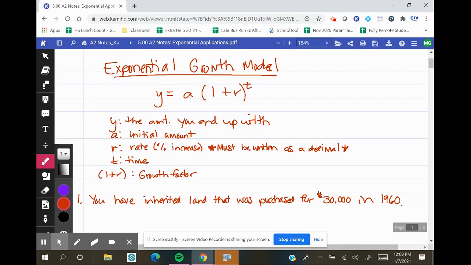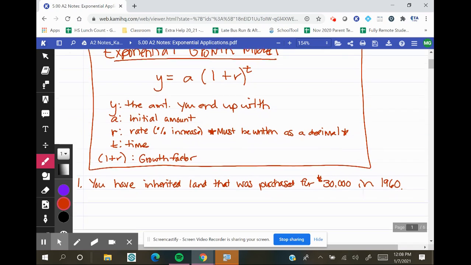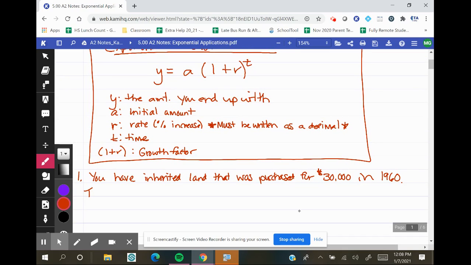Oh, and before we go on, I'm going to just box this up. The value, let's call it V, of the land increased by 5% each year.